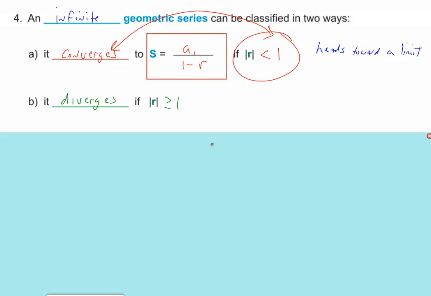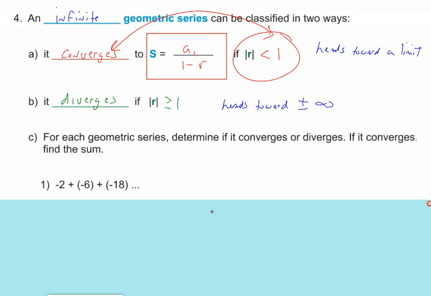So diverges, instead of heading toward a limit, a value that's converged, it heads towards positive or negative infinity. So converges or diverges.